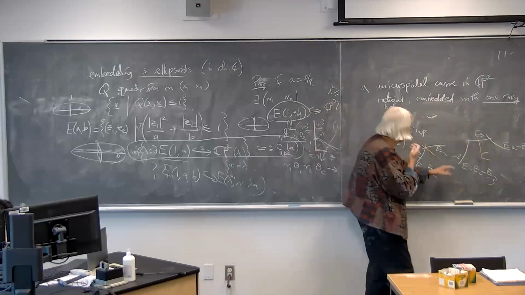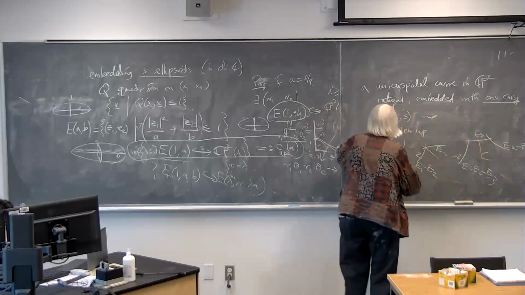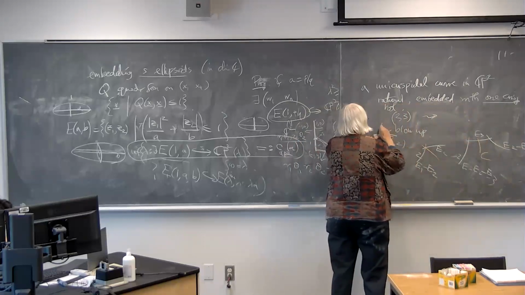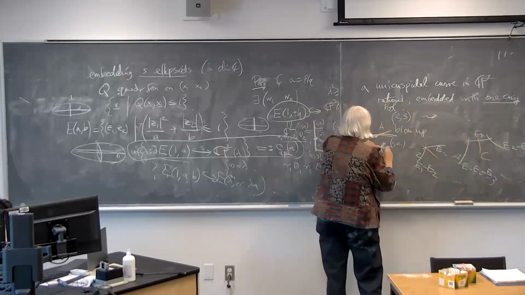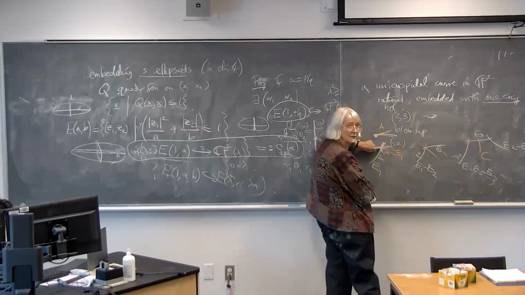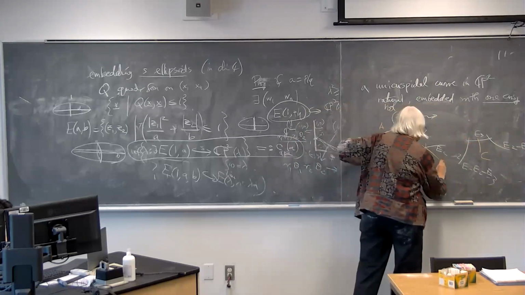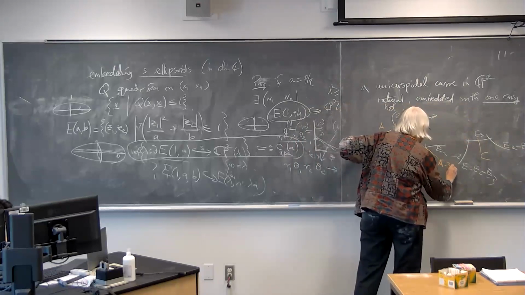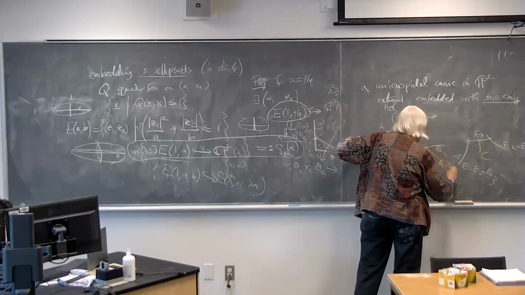And so if our curve originally was in class A, say, then this is in class A minus 2E1, because it's tangent to that twice. This is in the class A minus 3E1 minus 2E2.